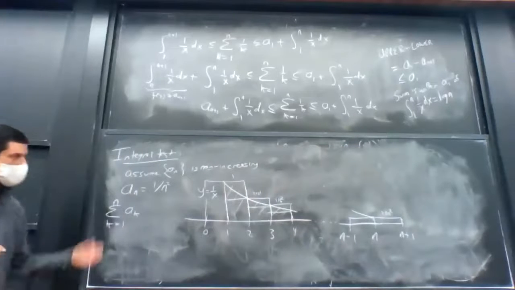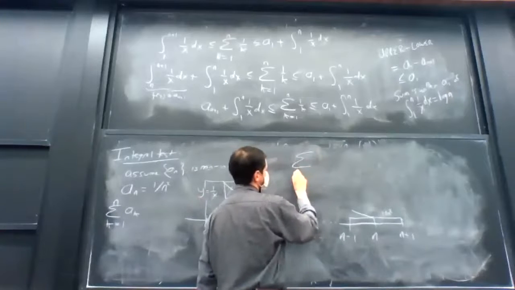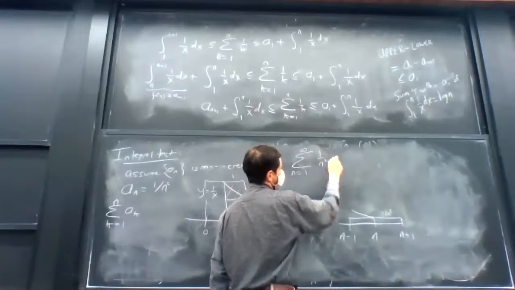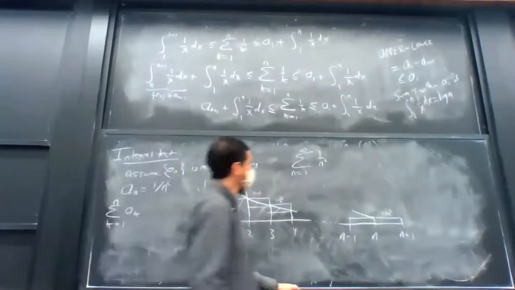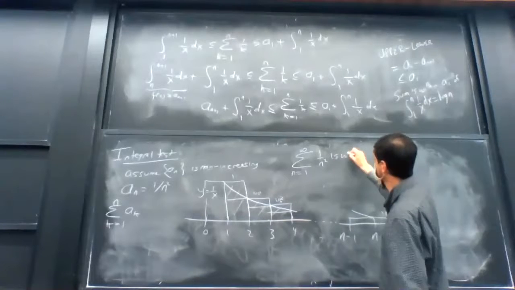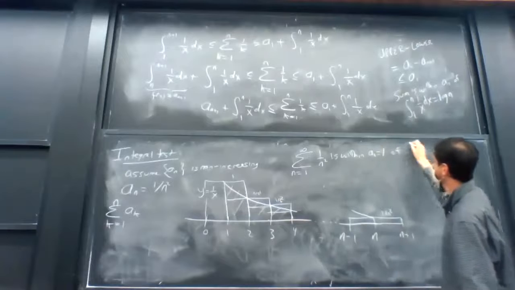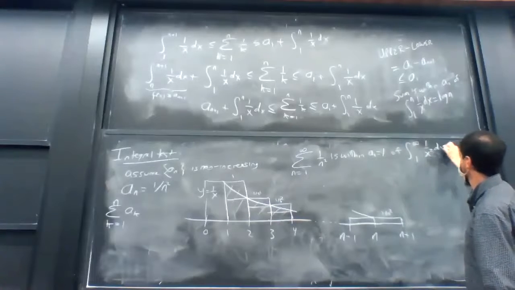And so we now know, doing the same argument, that the sum, n goes from 1 to infinity of 1 over n squared, because it converges, I can let it go all the way up to infinity, is within a1, which is 1, of the integral from 1 to infinity of 1 over x squared dx.